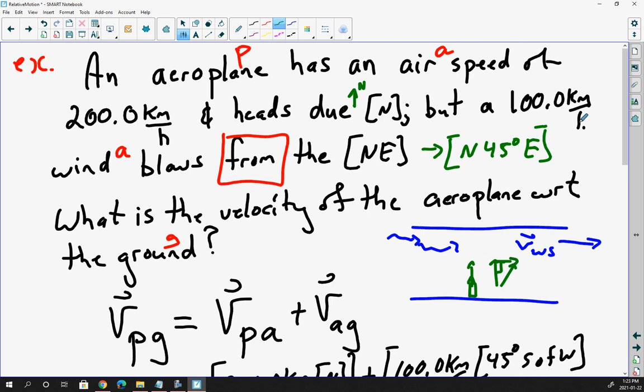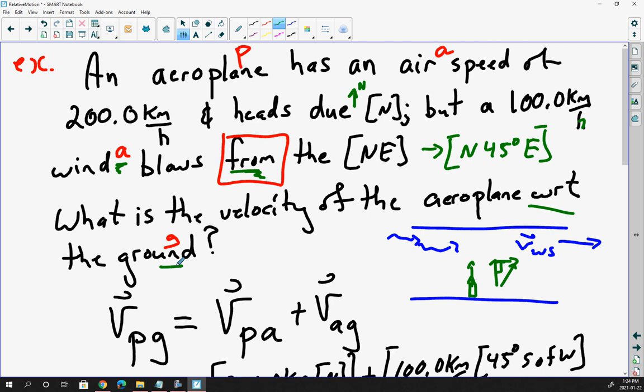But a 100 kilometer per hour wind, that's the air reference frame, blows from the northeast. Northeast being north 45 degrees east from. That's very important. What is the velocity of the airplane with respect to the ground?